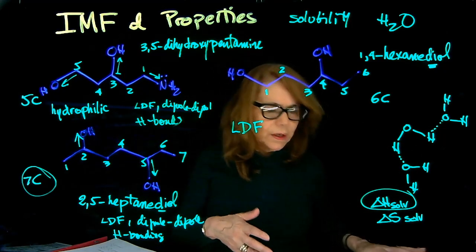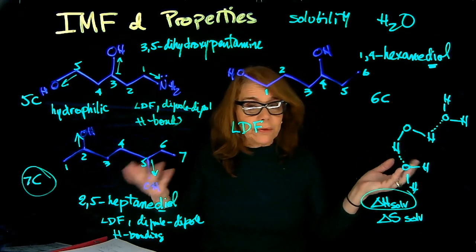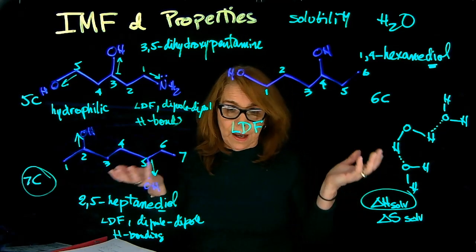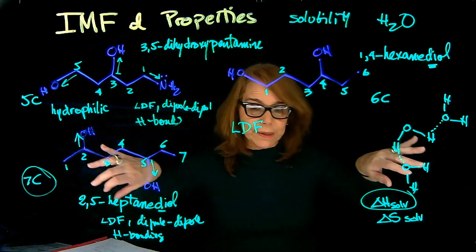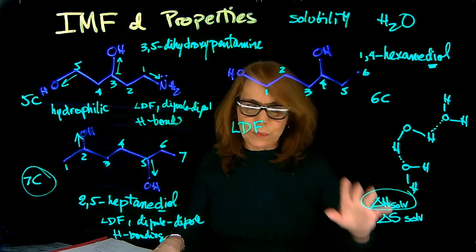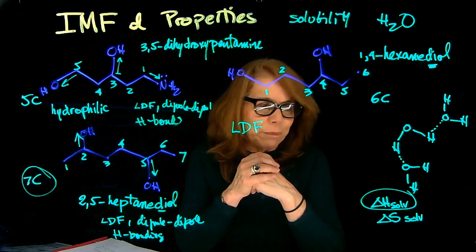In salt, for example, the entropy of mixing is typically favorable, an increase in entropy as we separate ions. It's more complex when we see organic molecules like that.